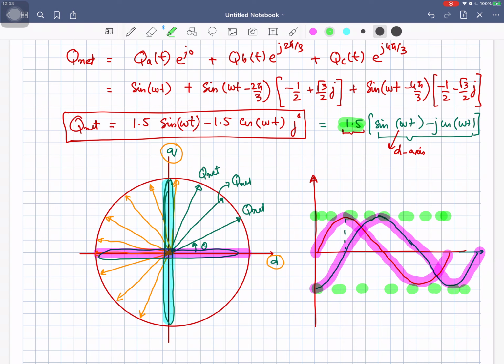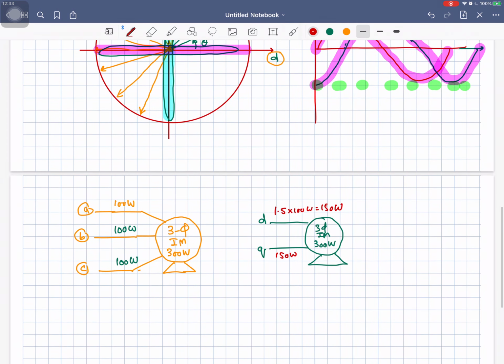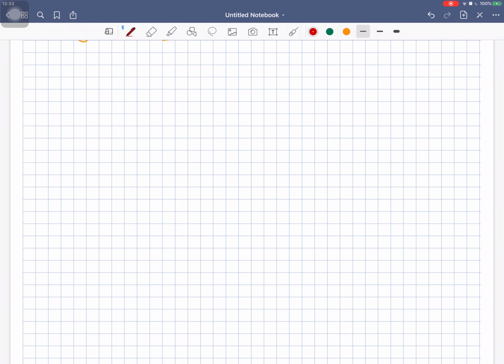So if I divide it by 1.5, we will be left with only this part of the equation, in which we have the sine of omega t, which was our phase A. So the magnitude of phase A will be equal to the magnitude of the D component, provided we multiply this resultant vector by 2 by 3, or divide it by 1.5. In order to keep the magnitude of the resultant the same as that of phase A, we can divide the D and Q components by 1.5, or multiply them by 2 by 3.